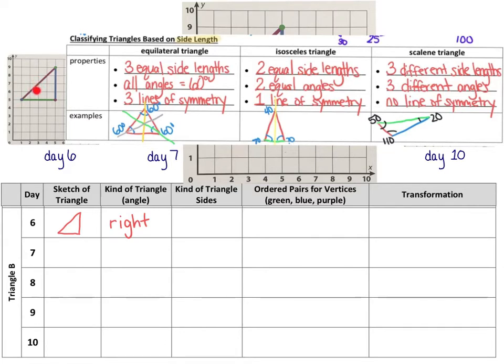It looks like it might be 4, but it's actually more than 4 because if we moved this purple one down, it would be longer than the green one. So 2 of the sides are equal length, so we call that isosceles. And it's written right here. I-S-O-S-C-E-L-E-S. Isosceles.